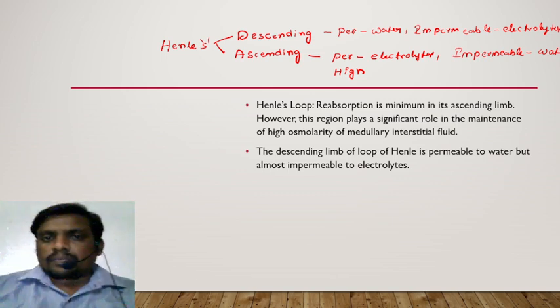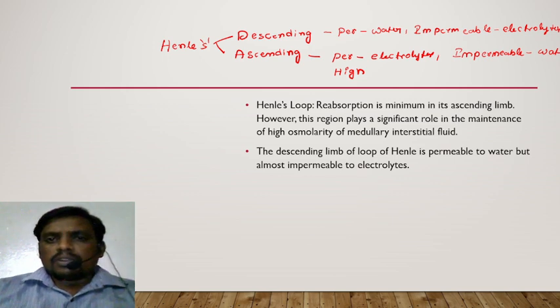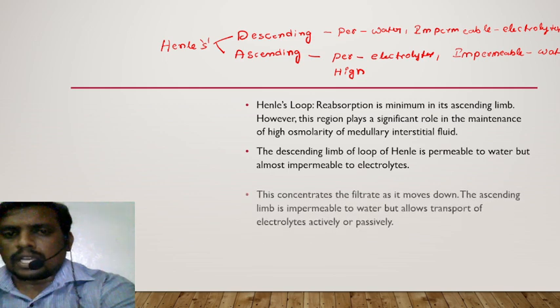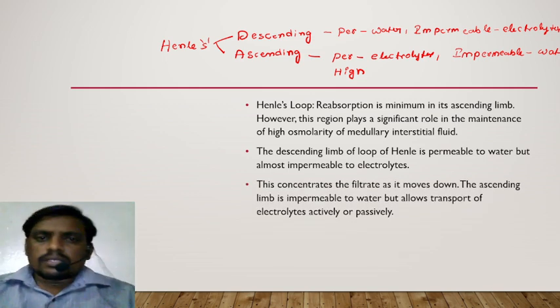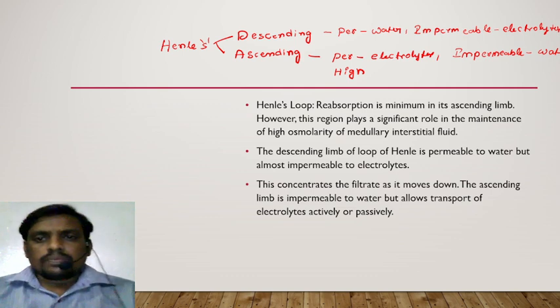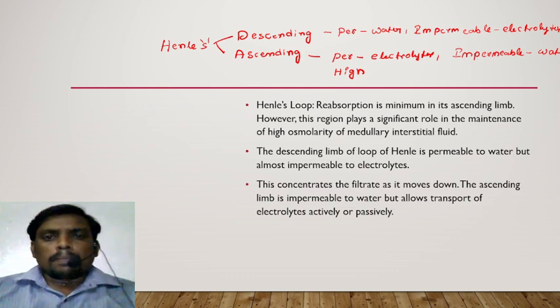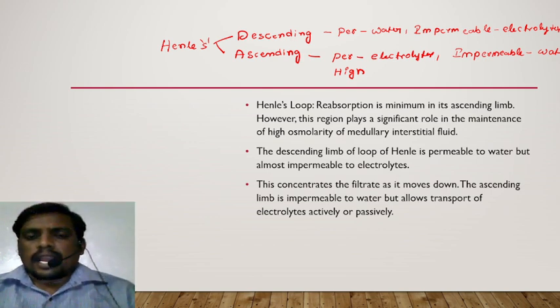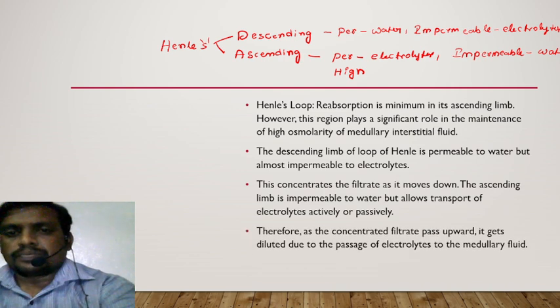The descending limb of loop of Henle is permeable to water, as I said, and impermeable to electrolytes. This concentrates the filtrate as it moves down. The ascending limb is impermeable to water but allows transportation of electrolytes actively and passively.